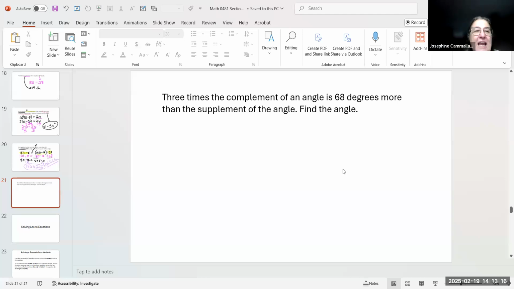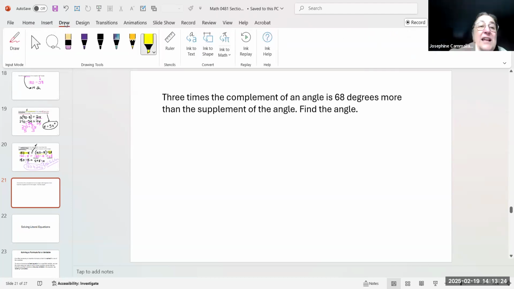Now, last time I had supplement and supplement. Well, this time, this is going to use complement, and it's using supplement. And I do want to let you know that sometimes these problems, if you don't understand the words, you could get a negative answer, but we don't have negative answers, not in geometry. So therefore, I changed the problem a little bit.